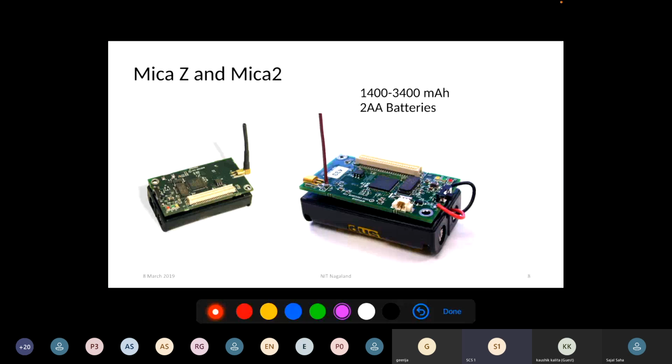So this is your AA battery, connected to get 1400 to 3400 milliampere of power. If you need prolonged transmission from the sensor node, you can definitely use the MicaZ or Mica2.